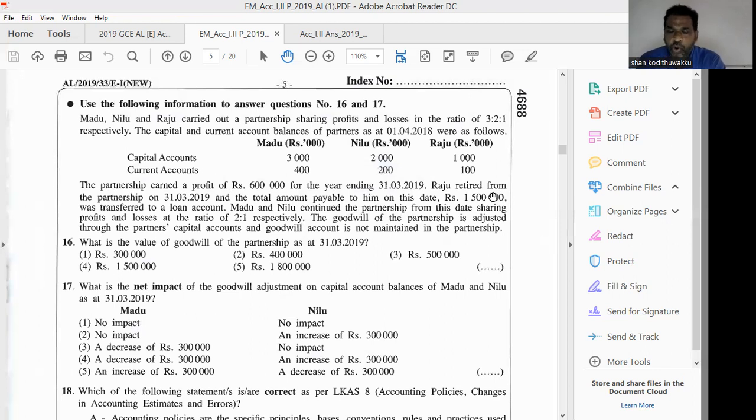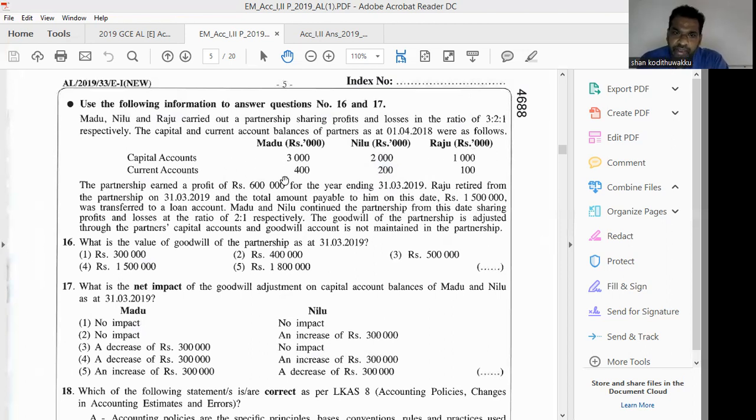Because when it comes to opening balances, capital account is 1,000 and current account is 100. The addition of those is 1,100, but we are given 1,500. That means additionally they have added another 400 to the opening balances. Therefore, we have to find how much is coming from capital account and how much is coming from current account.